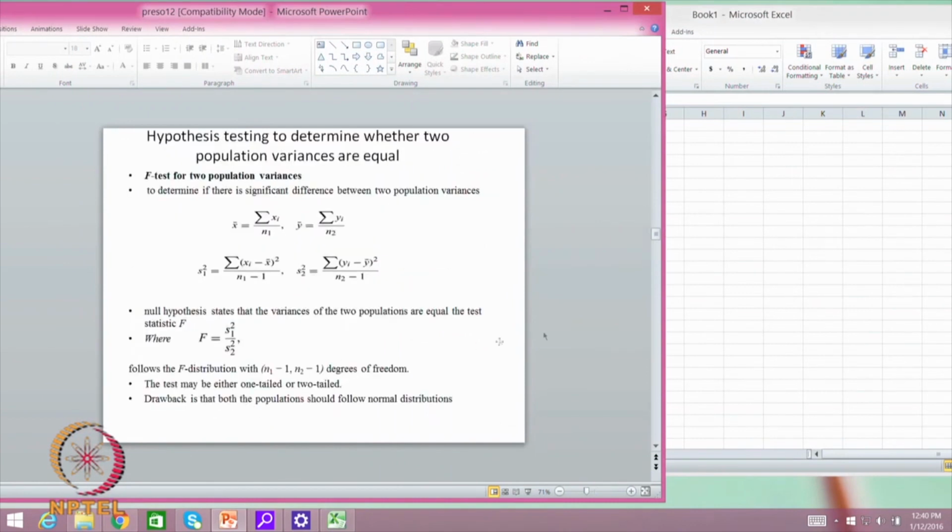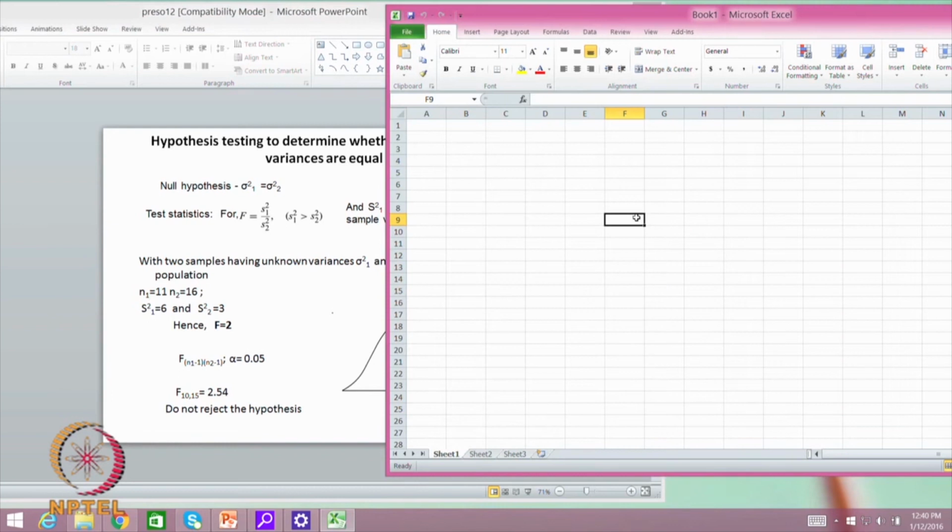So, let us look at the previous case as such. We will say F dist, 2 is my test statistic, and 10 comma 15 are the numerator and the denominator degrees of freedom. So, it gives you my p value, that is 0.10914.